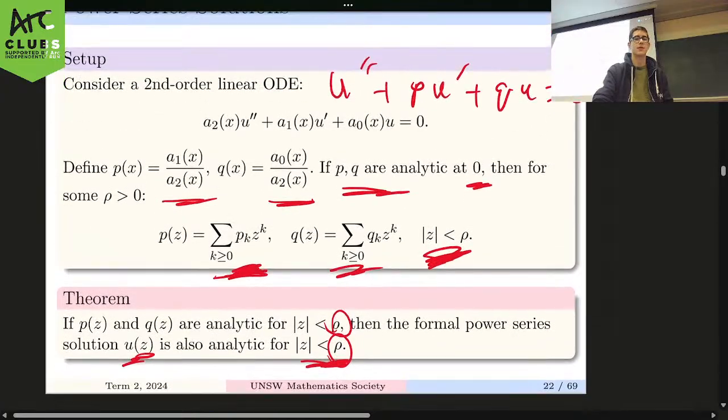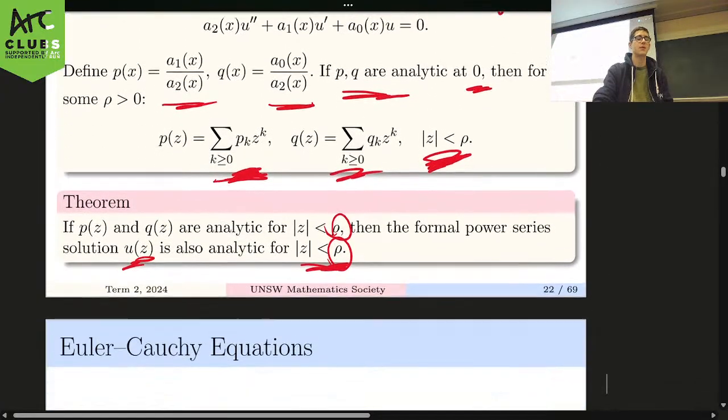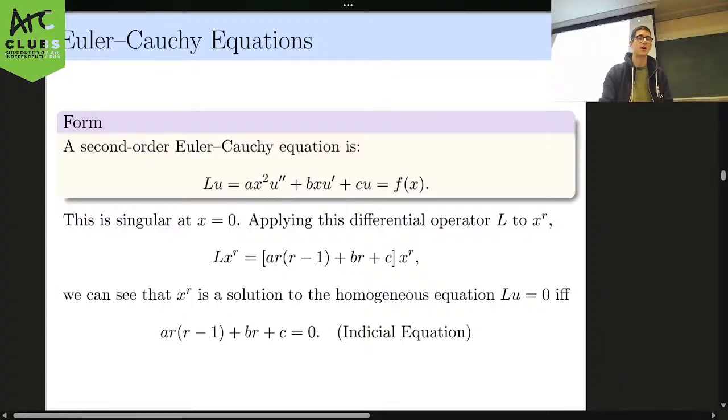The Frobenius method is what we can do when the theorem we looked at on the previous slide doesn't really work out, where we have to do a bit more work to get a series solution, not necessarily a power series, because we might have, as you hopefully remember, non-even powers of z.